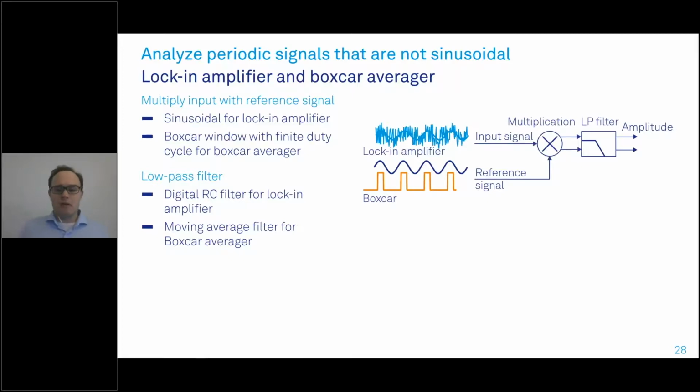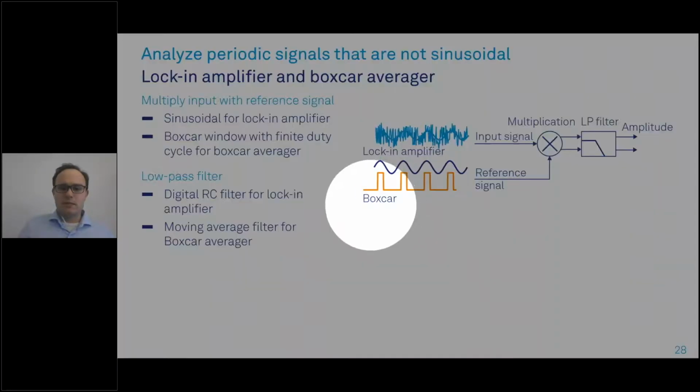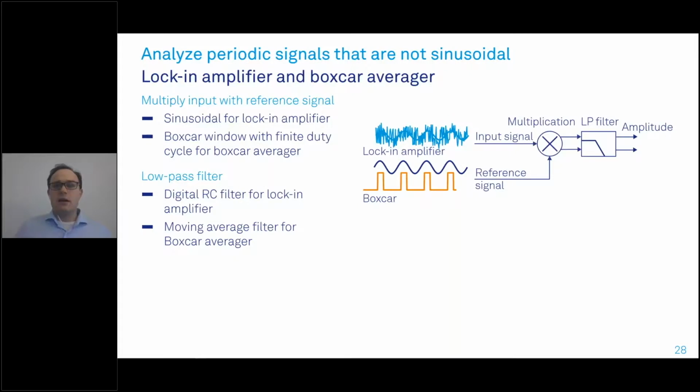In the boxcar averager, we multiply it with boxcar windows, which can have a very short duty cycle, so this short duty cycle reference signal. Afterwards, we also use a low-pass filter in the lock-in. We discussed it already. It's a digital RC filter, and on the boxcar averager, it's a non-moving average filter.